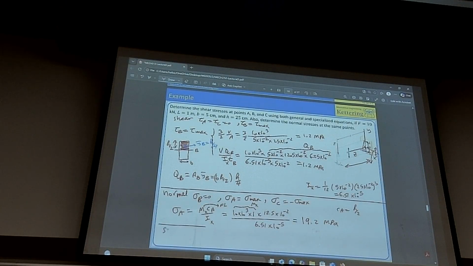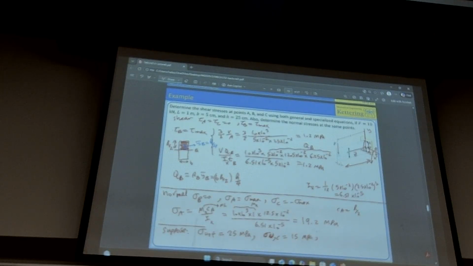So suppose sigma ut is 25 megapascal. Suppose sigma uc is 15 megapascal, and suppose tau u is 2 megapascal. Then in the interest of time, let me do this myself.